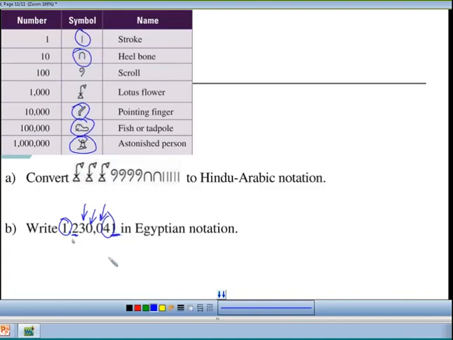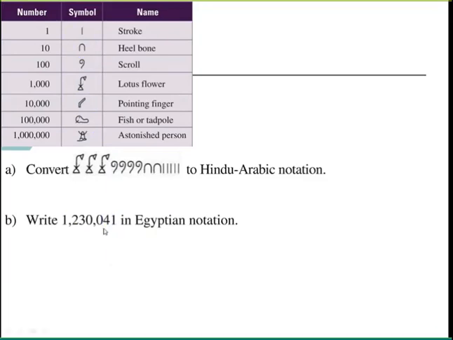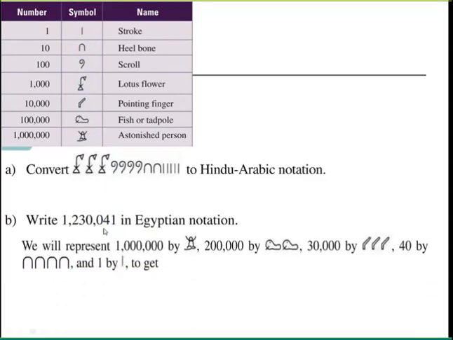So that's kind of how you want to read through there and work that, and I'm not going to be drawing these, but here's what it looks like. You've got 1 million with one of your astonished people, and then, as I said, you have 2 of these shapes for 200,000, and then each one of these shapes, like I said, so there's 3 of these, as I was drawing out earlier.